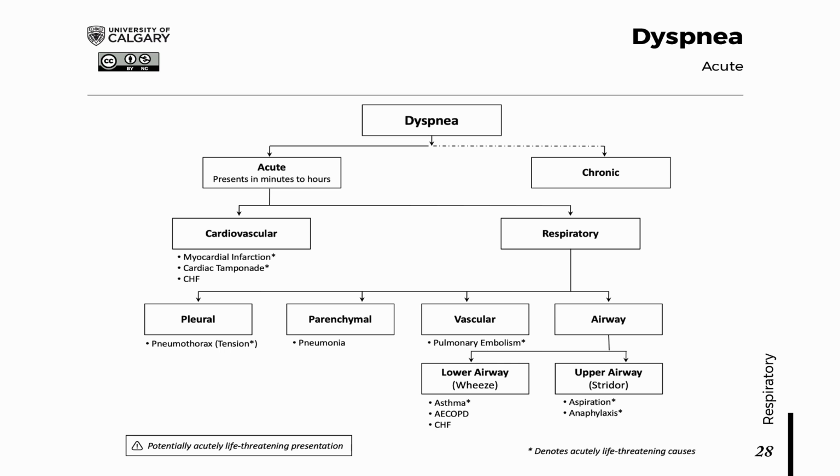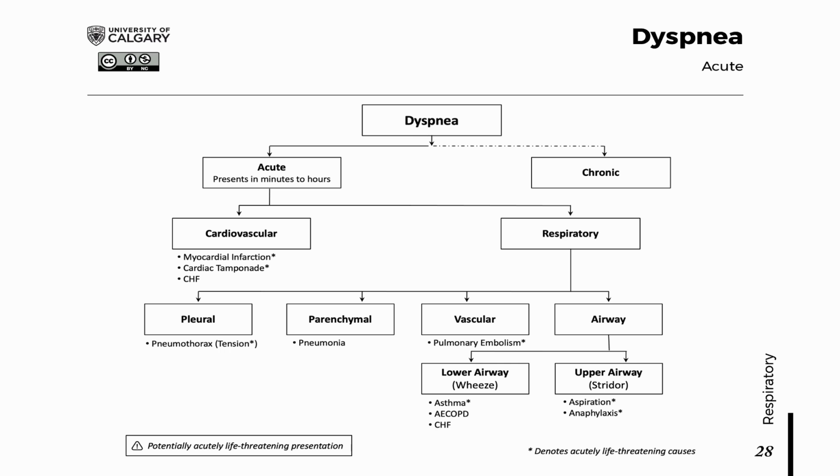So having a good understanding of the distinction between airway problems and respiratory problems can be difficult to differentiate and separate. So when we're confronted with a patient in the emergency department who is short of breath, it may be unclear whether the problem is with the airway, the lower respiratory tract, or both.